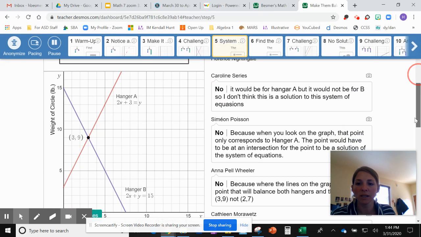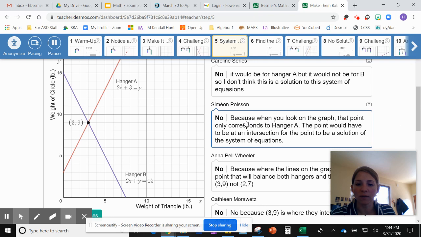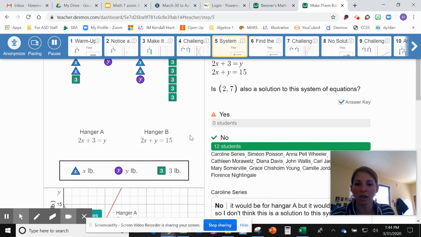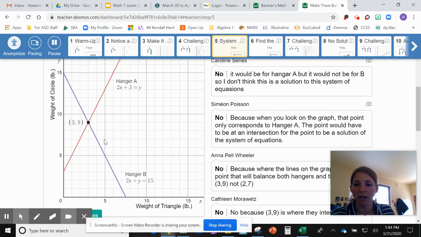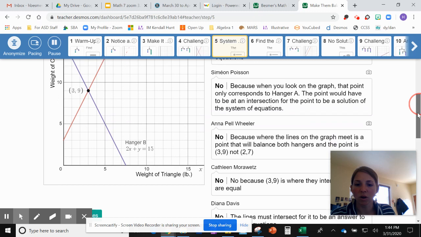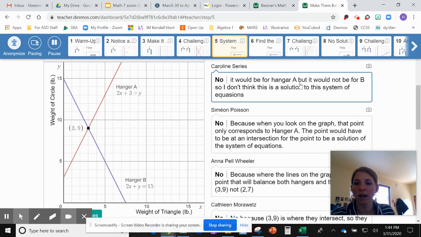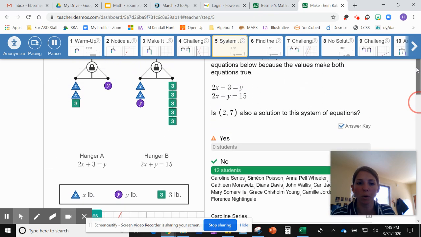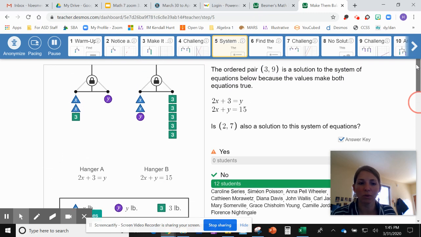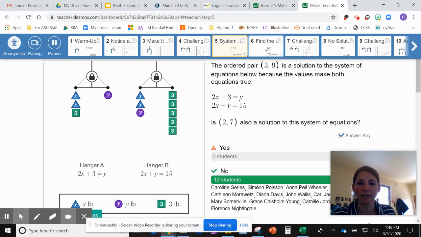In your responses, a lot of you said that because you look at the graph, (3, 9) is your solution, not (2, 7), because (2, 7) is not where they intersect. You also understood that when you plug it in, it works for hanger A, but not for B. So I don't think it's a solution to the system of equations. If it works for one but not for both, it is not a solution to our system. So getting the idea there.